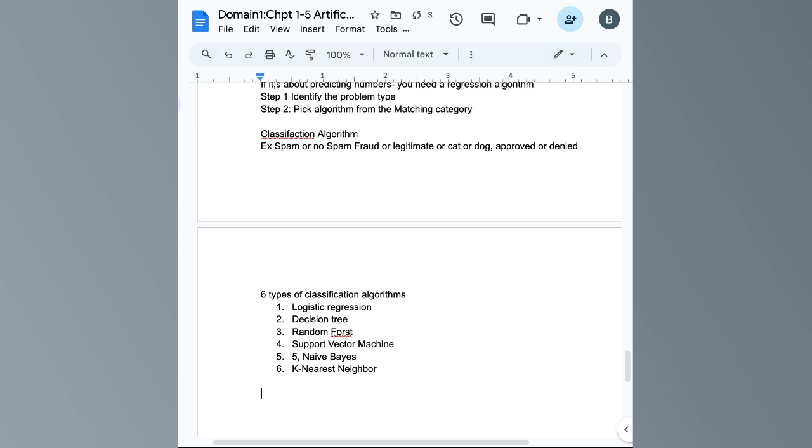Number 1 is logistic regression. Despite having the word regression, this is considered classification. Logistic regression predicts the probability that something belongs in a category.